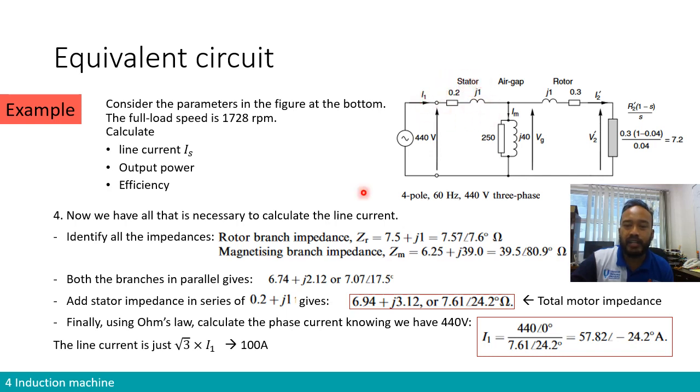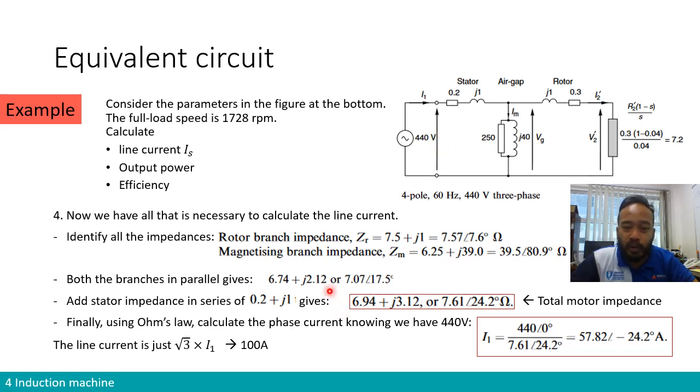If you add the equivalent parallel impedance to the stator impedance, which is 0.2 plus J1, you will get the final total motor impedance. So all the impedances over here have been reduced to only one impedance.